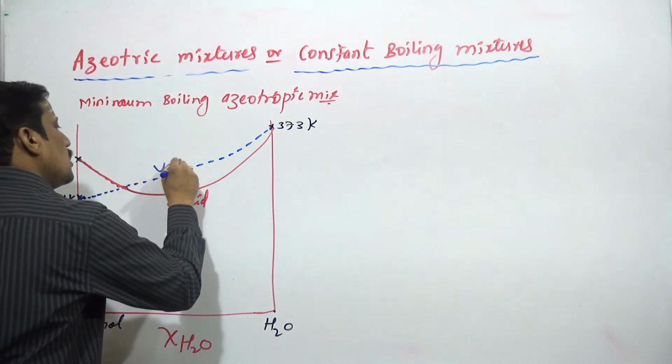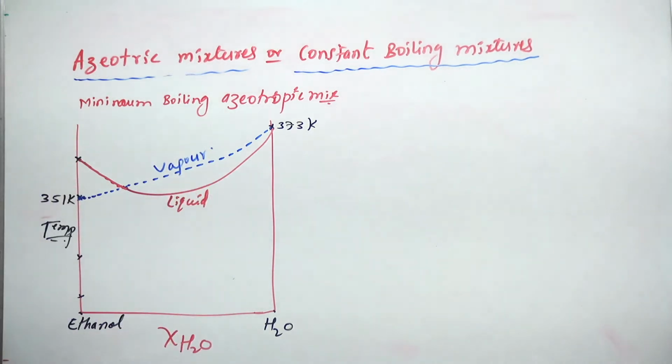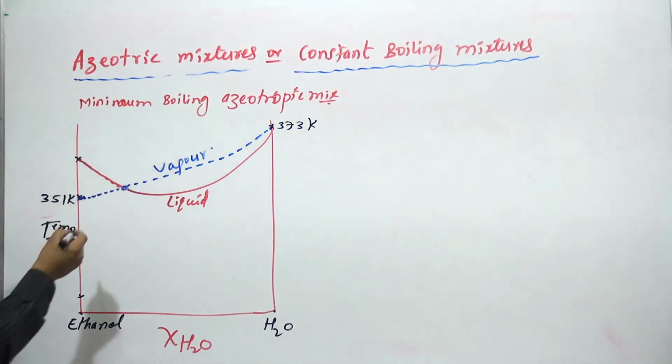This is for the complete liquid mixture, and the curve above is for vapor. This point is called the azeotropic mixture.